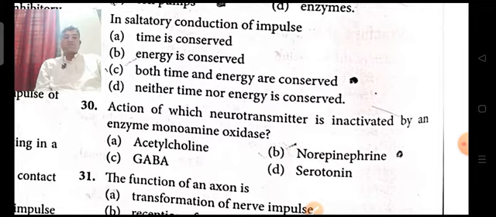Drugs known as MAO inhibitors increase the amount of norepinephrine and dopamine in the synapse by slowing down their metabolic degradation.